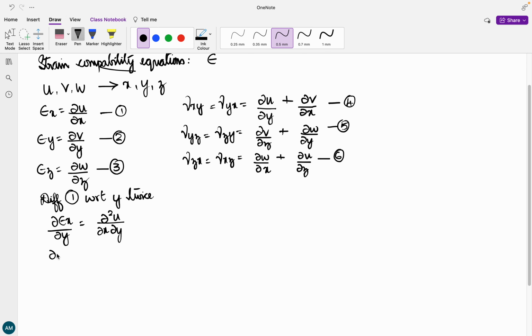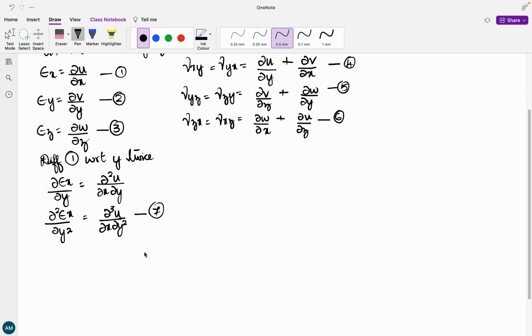Then differentiate again: dou square epsilon x by dou y square is equal to dou cube u divided by dou x dou y square. Let us call this equation 7.